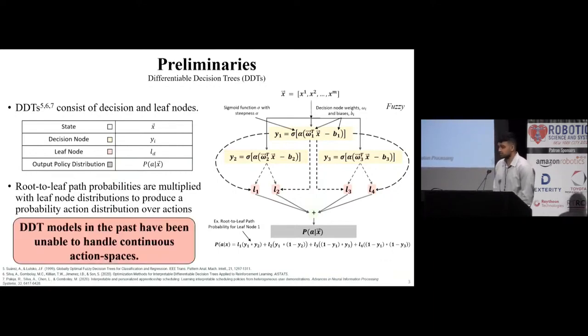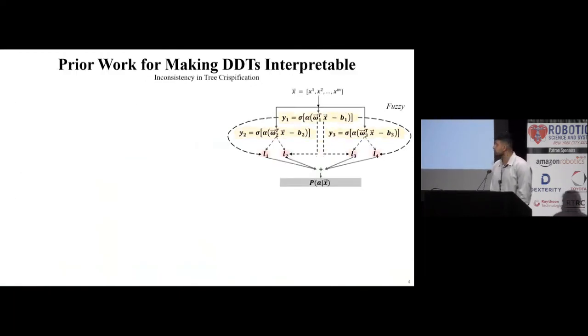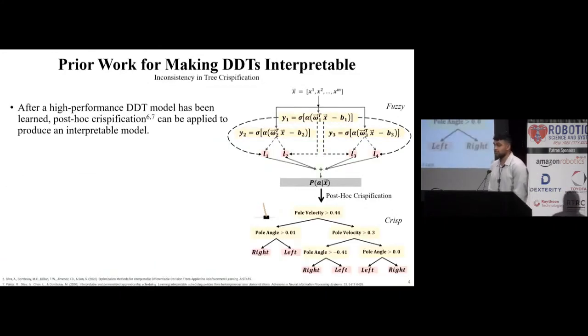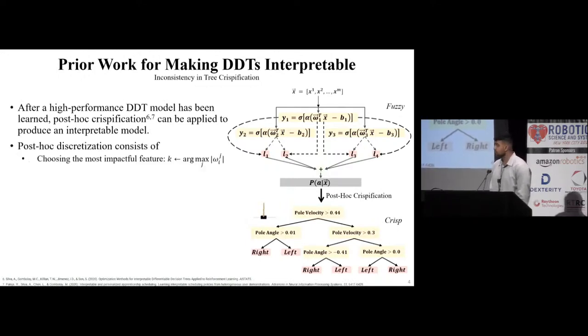For discrete action spaces. However, DDT models have been unable to handle continuous action spaces required for domains like autonomous driving. Once parameters have been inferred, prior work utilized a post-hoc crispification technique to produce an interpretable model. This consisted of 3 operations. First, ensuring that each decision node is a function of only one feature.